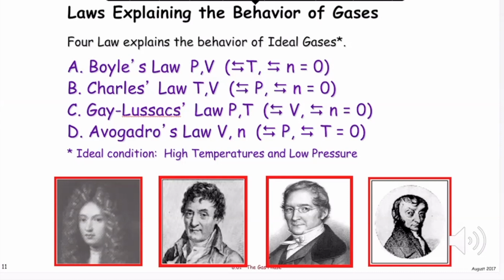So let's say we have a balloon and we have 1 mole of gas in a balloon and we go from San Diego to Denver. Well, that 1 mole of gas in San Diego is still 1 mole of gas in Denver. So we say delta N, N stands for moles, delta stands for change, is 0. So the moles after minus the moles before equals 0. So delta N is equal to 0.